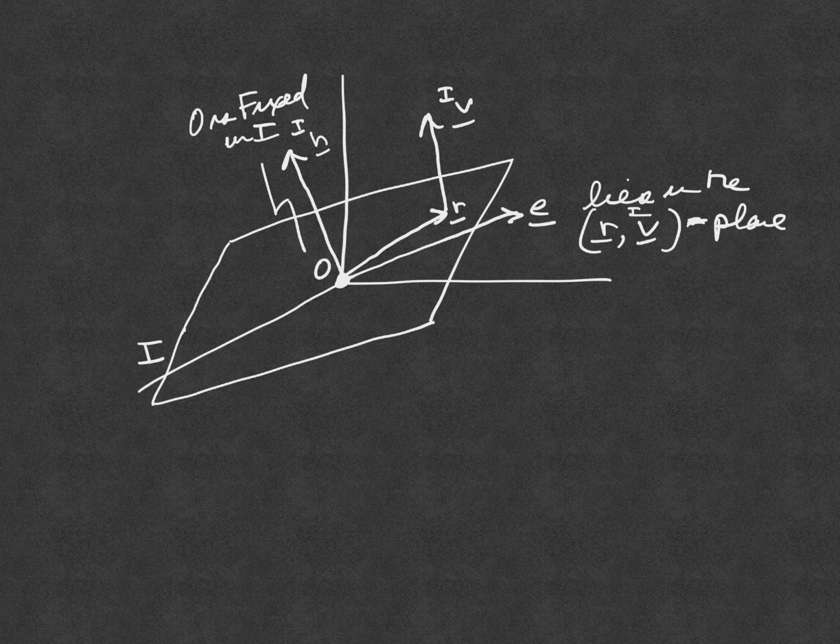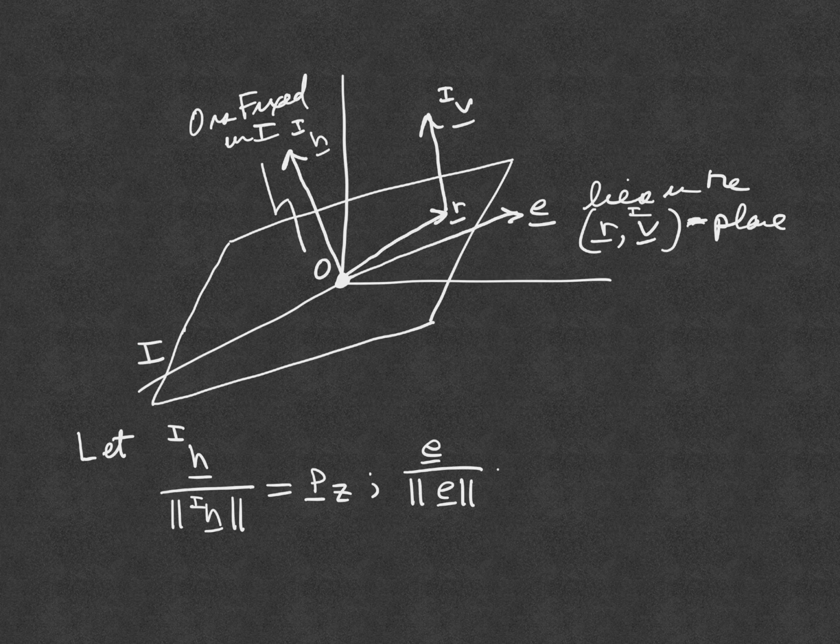basis. So we're going to say let HI divided by its magnitude equal PZ. And we're also going to say that E divided by its magnitude is equal to PX.